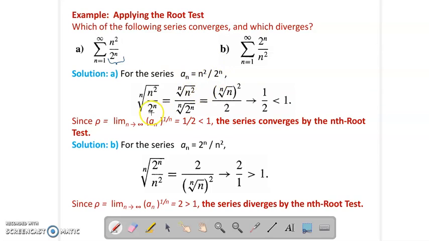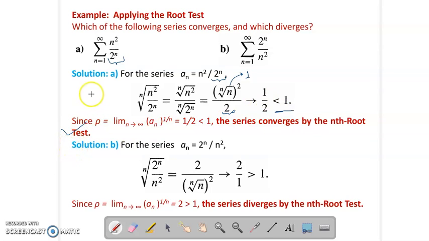The nth root of 2 to the power n is 2, and the nth root of n square we can write as the nth root of n, whole square, and this tends to 1 as n tends to infinity. So 1 square, basically 1 by 2, which is less than 1, and hence the series converges by the nth root test.